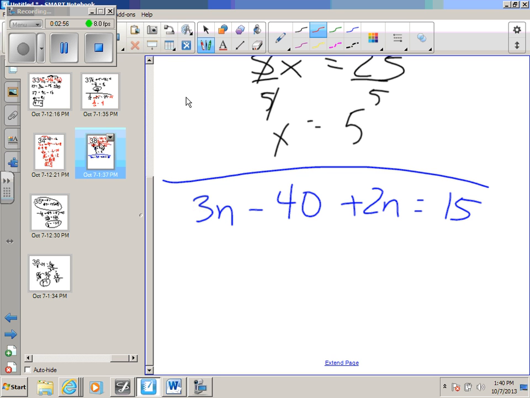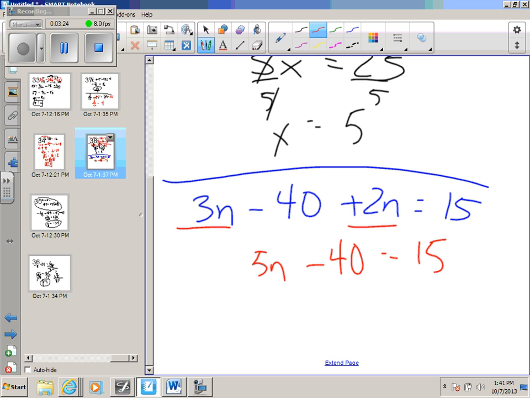I have a 3n. What kind of a 3n is that? Positive, because it does not have a negative in front or a subtraction sign in front of it. Combined with another positive 2n should give me, we're adding them. Let's bring down that negative 40, and it equals 15. So it's very similar then to the same kind of work that algebra was doing today.